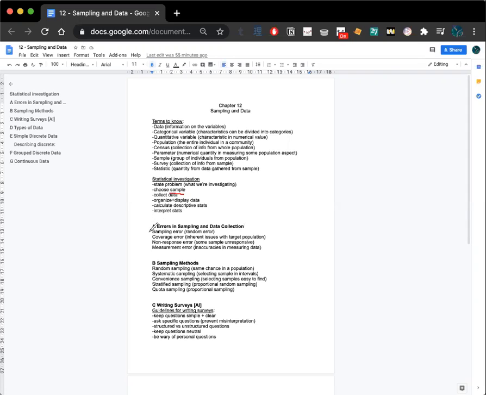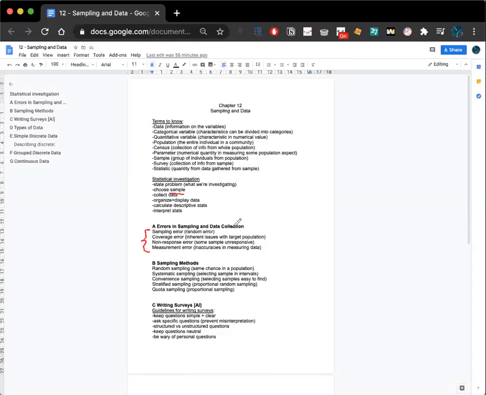And so there are errors that come with samples which we should try to avoid, which we will try to avoid when we're trying to take a smaller amount of people to represent the general population.